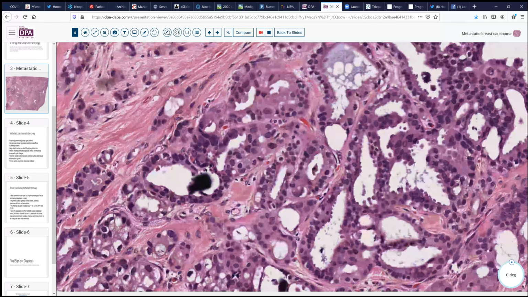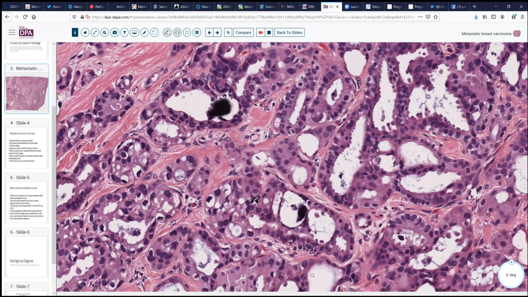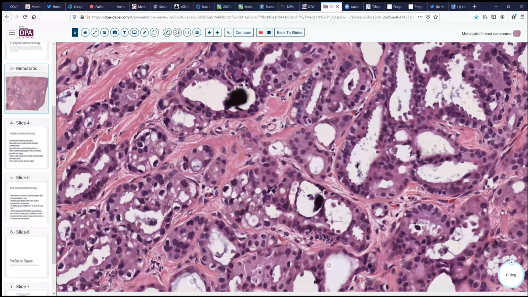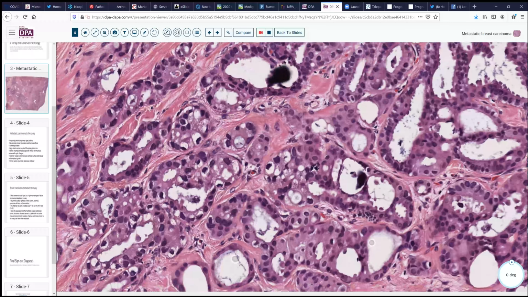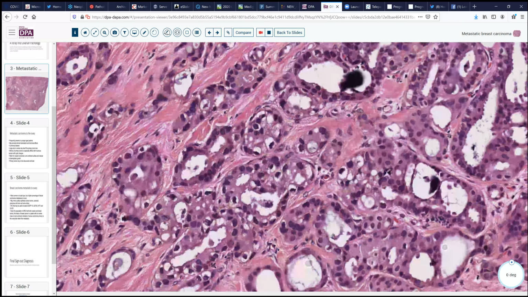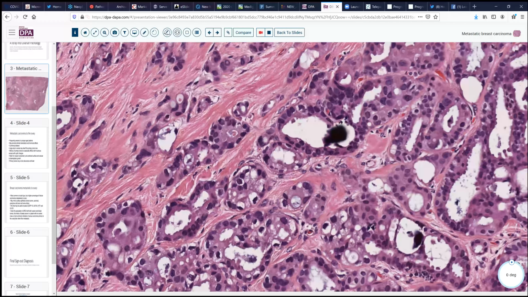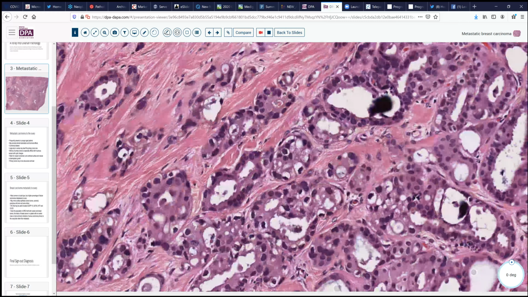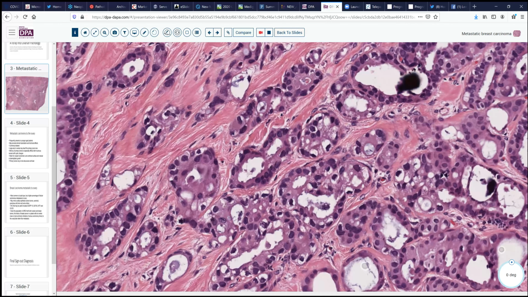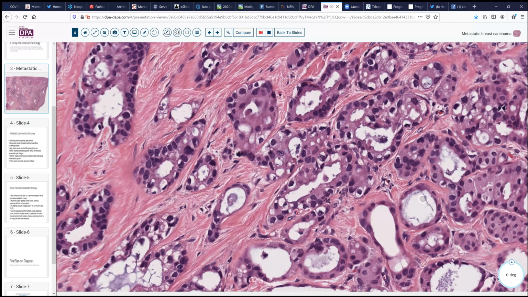And looking around a little bit more, we see that some cells have these sharp lumina, as seen here and here, associated with these microcalcifications. And these calcifications do not, at this point, look particularly like psammoma bodies. They look just like coarse calcification.